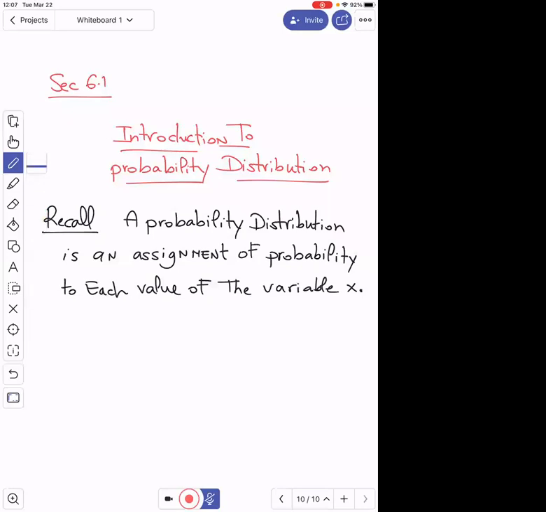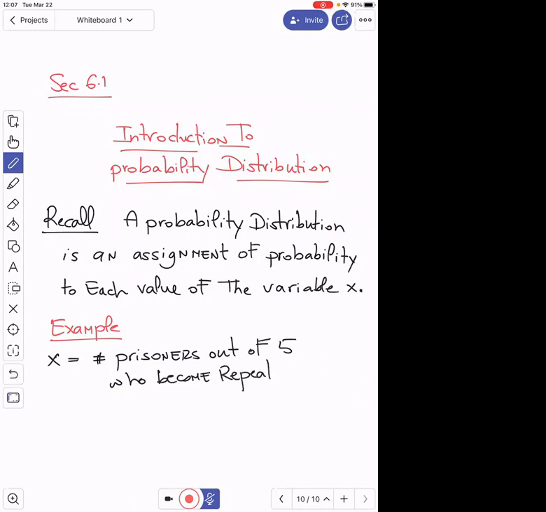Let's say this example. The variable x represents the number of prisoners out of five who become repeat offenders. Because it's the number of prisoners out of 5, the maximum would be 5, so x goes from 0 to 5.